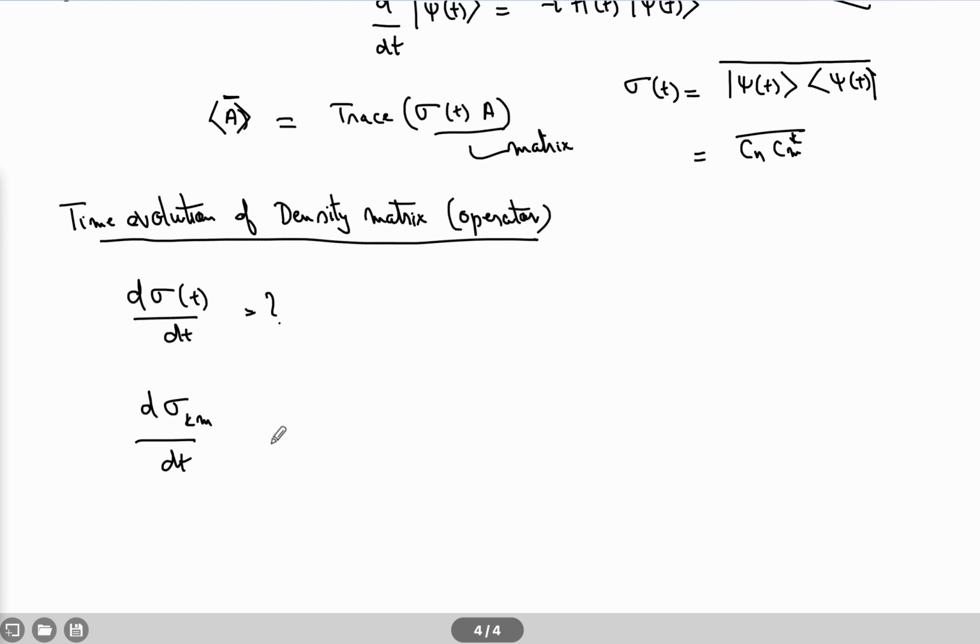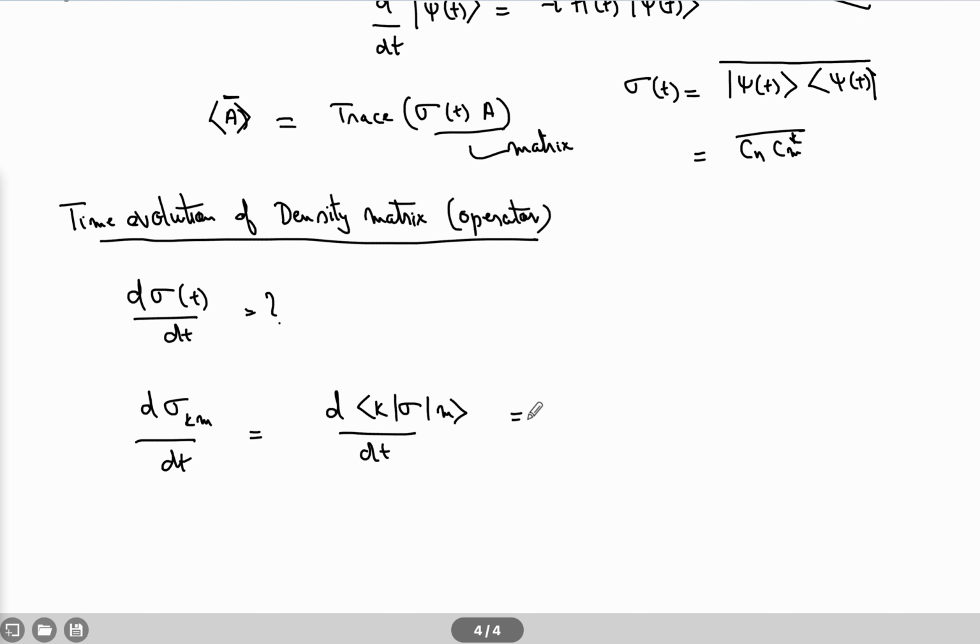by dt. So this can be written as d by dt of sigma km(t). When I'm writing sigma, it is implicit that this is time dependent, so I will have t over here.